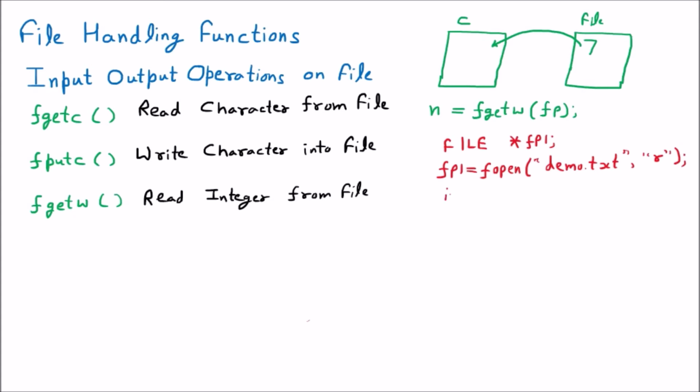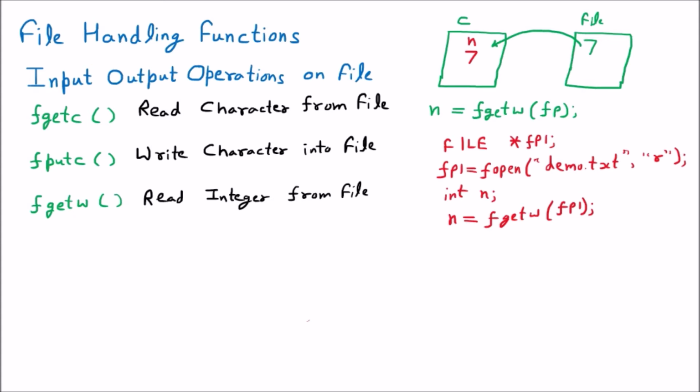Now we are taking one variable, int n, integer type. n is equal to fgetw, meaning take the integer from fp1. Now from file pointer 1, which is pointing to the demo.txt file in reading mode, we are going to take out the integer and store it in the variable n. So let us suppose in the program we are having a variable n, so the value of n will now become 7. So that is the fgetw function.